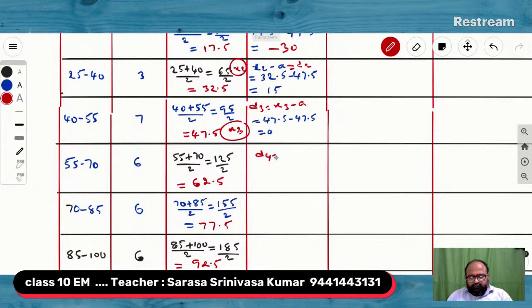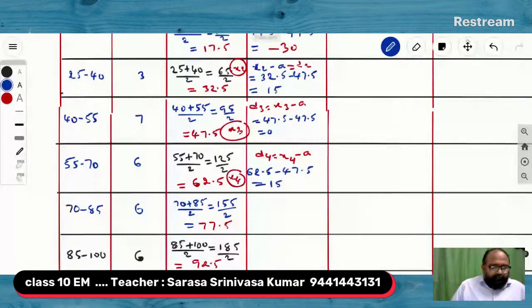Now we find d4. d4 equals x4 minus a, which is 62.5 minus 47.5. This is equal to 15. So d4 is 15.